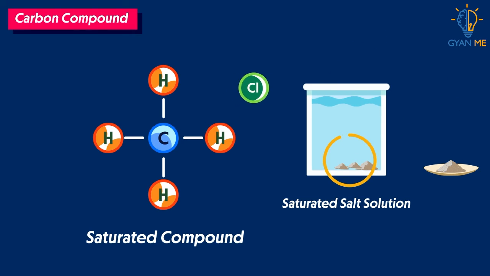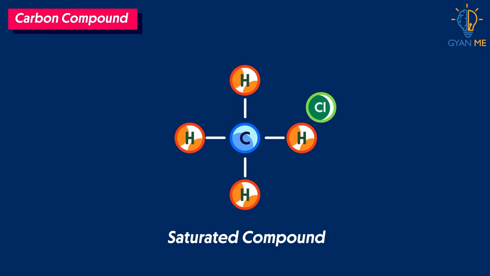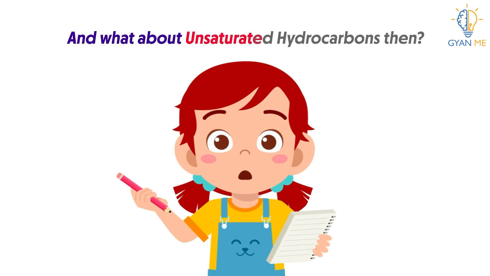And so, if we want to add some more salt now to this solution, we need to remove some salt first and then add new ones. Similarly, for saturated hydrocarbon compounds, if it has to make a new bond, it has to remove one hydrogen and replace itself there.